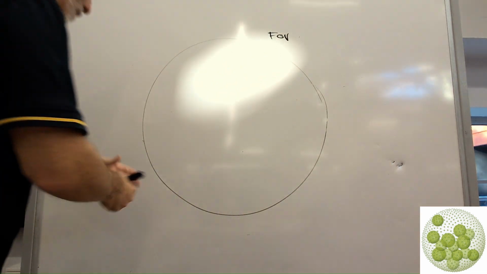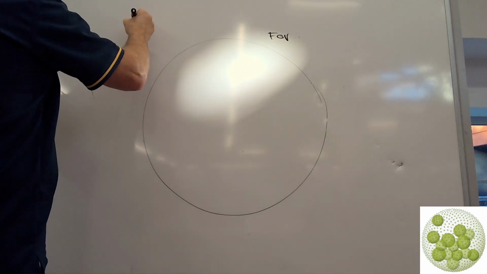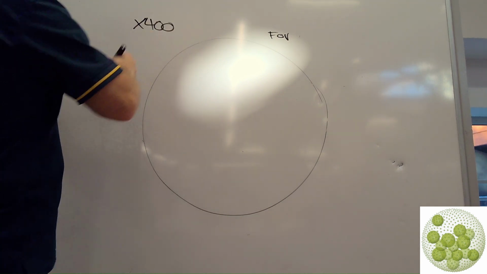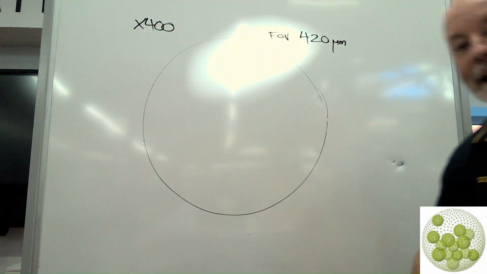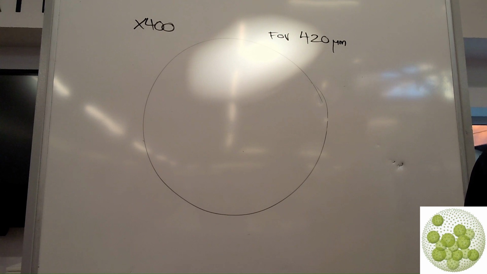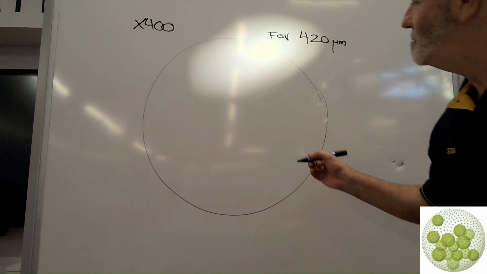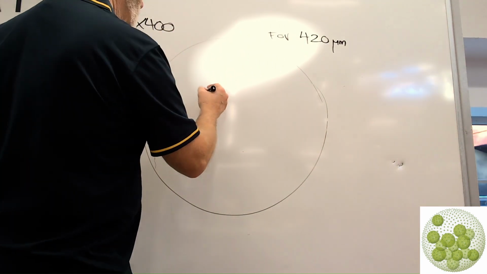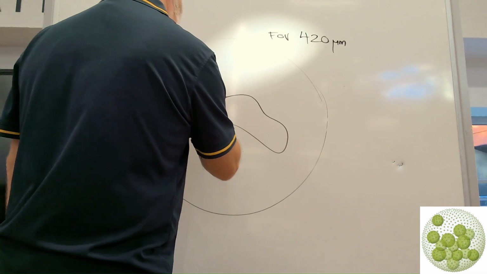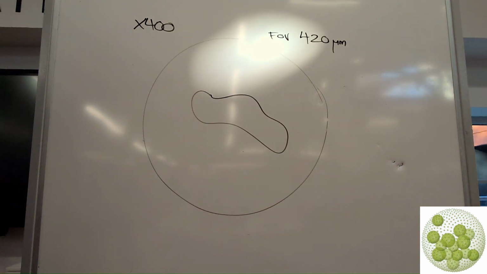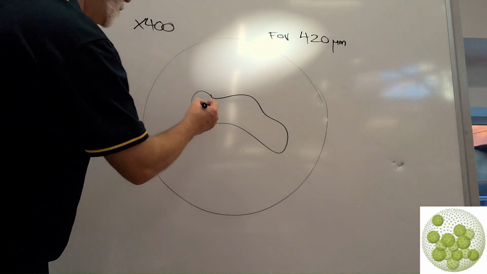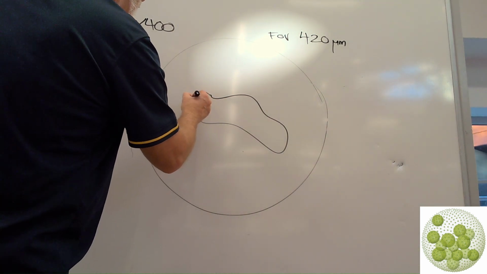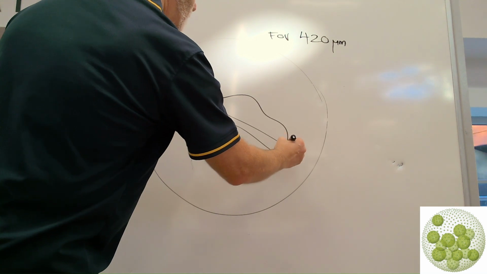We'll do this one at times 400. So here's another example. Here's another cell, and I want to know how long that cell is, so how long from there to there is.